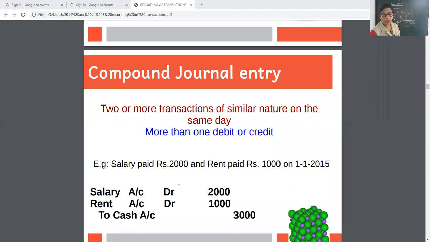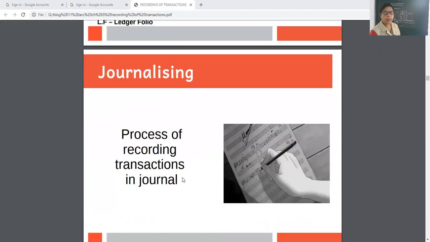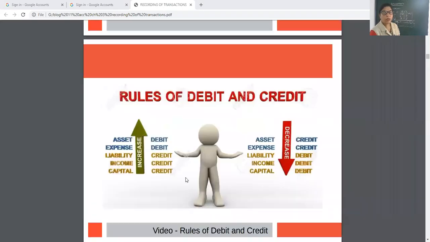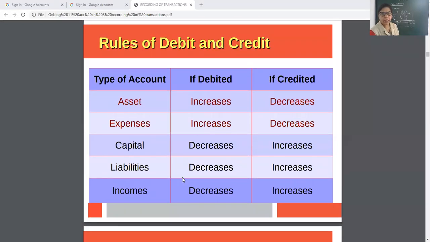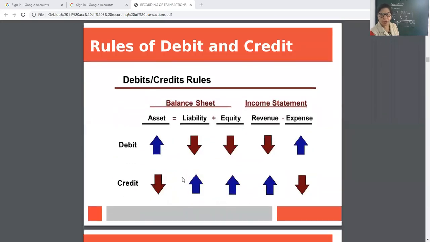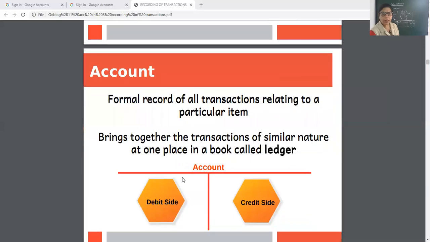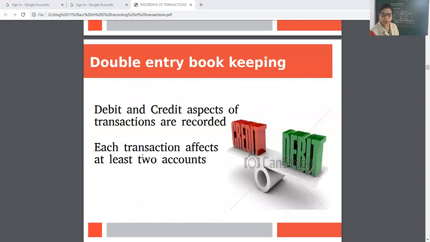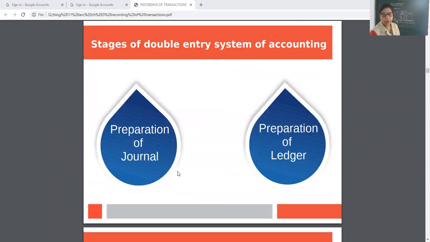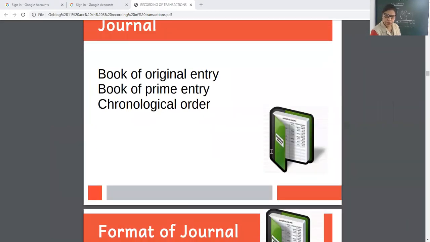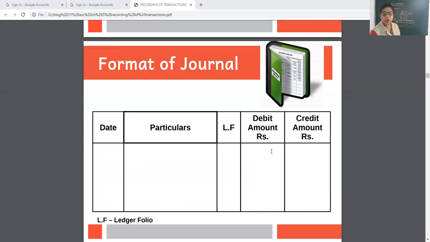So today I explained all these things one by one. First of all, the rules of debit and credit. You can learn these rules, and if you want, you can learn the table. I told you every transaction has two side effects minimum. First we prepare the journal, then with the help of the journal we prepare the ledger. Journal is the original entry book, in chronological order.